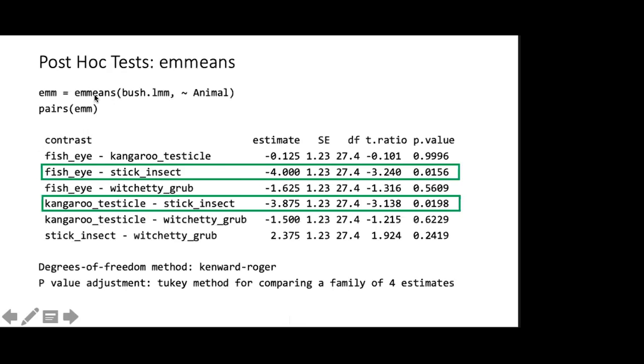I have here an example using the emmeans function. This is just the syntax that tells the function that you want to do the single comparisons for animal, and here you tell R that you want to test all pairs of the factor level combinations. In this case, it's only one factor, so it's just testing all possible conditions against each other.